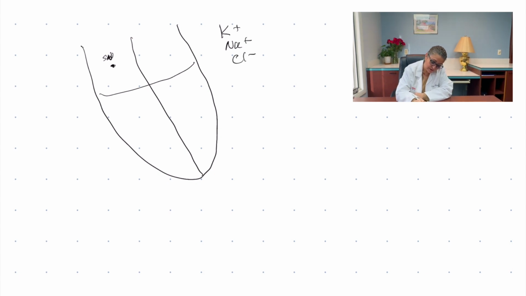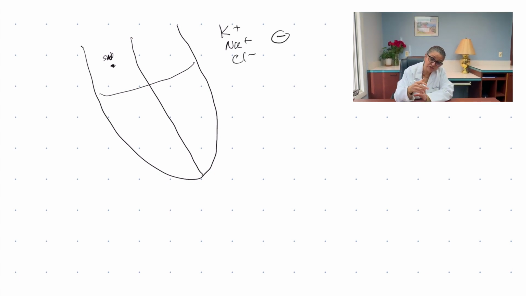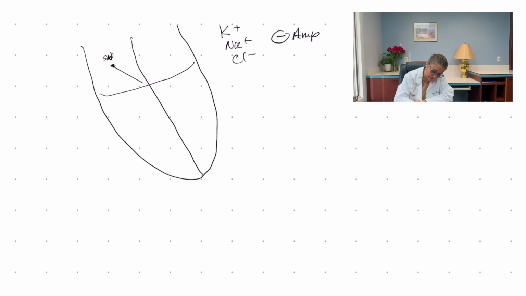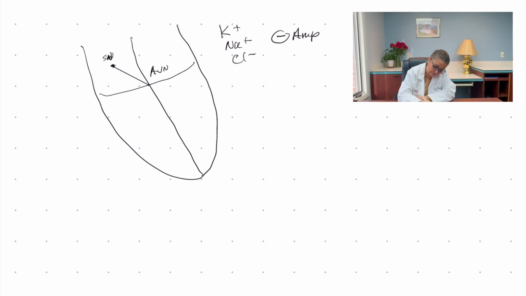It starts in an area called the sinus node, and the sinus node is made of a conglomerate of cells that exchange ions, sodium and potassium and chloride, in such a ratio as to create a microampere of electricity. That electrical wiring works from cell to cell until it reaches the middle of the heart, an area called the AV node.